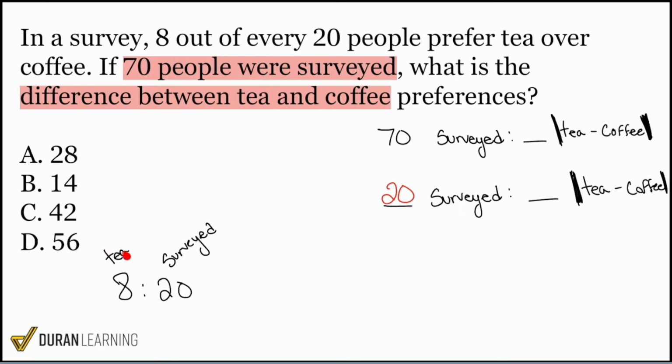If 8 of them said tea, how many are left to pick coffee? 12. Exactly. Because 8 plus 12 makes 20. So if 8 picked tea, that means 12 picked coffee.